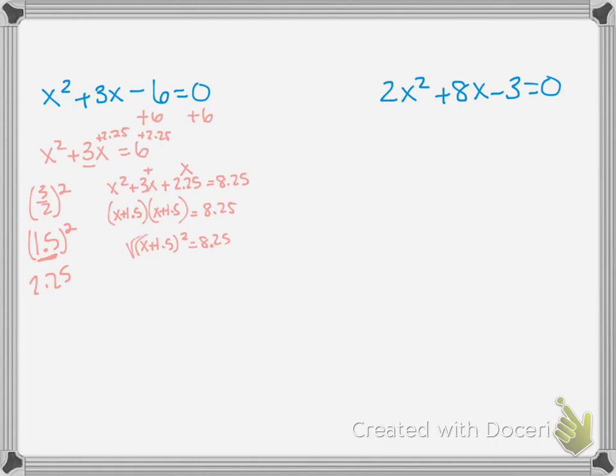Opposite of squaring is square rooting. So I've got x plus 1.5 is equal to plus or minus the square root of 8.25, and then I just need to subtract that 1.5 over. So x is equal to negative 1.5 plus or minus the square root of 8.25.